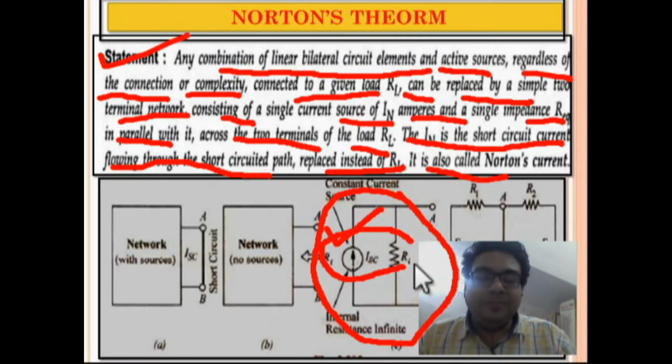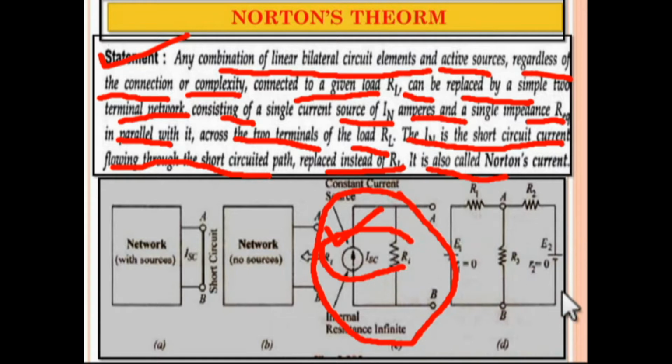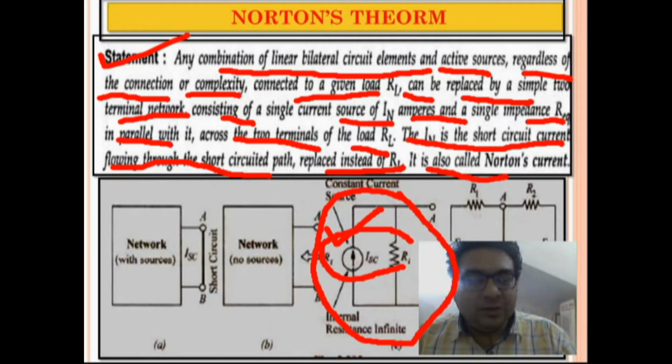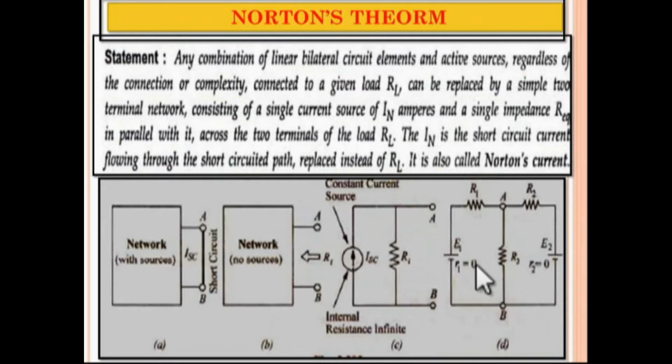This is also called Norton's resistance, and this is the short circuit current. So guys, this is the equivalent circuit. At last we draw the equivalent circuit, and this is the problem. Okay, we will see how to solve the problem.